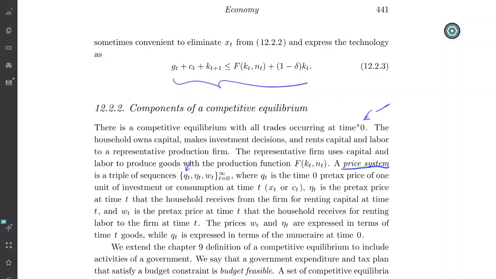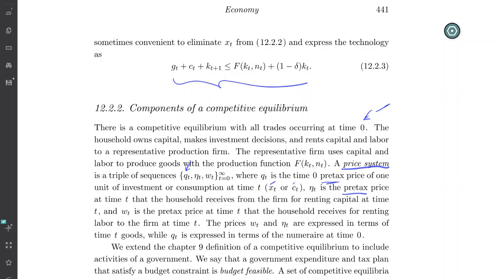Q_t is the time 0 pre-tax price of 1 unit of investment or consumption at time t. So investment is x_t, consumption is c_t.